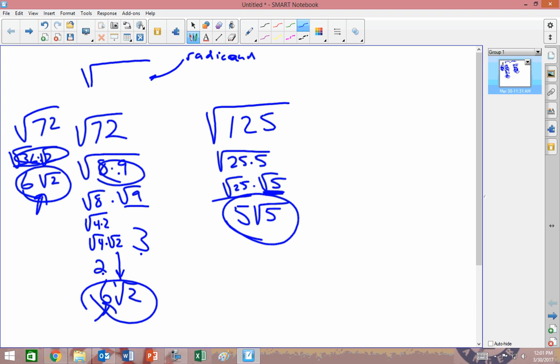So let's look at the square root of 180. You can do 10 times 18. We can do 9 times 20. We can do 36 times 5. Which one do you want to do? 36 times 5.